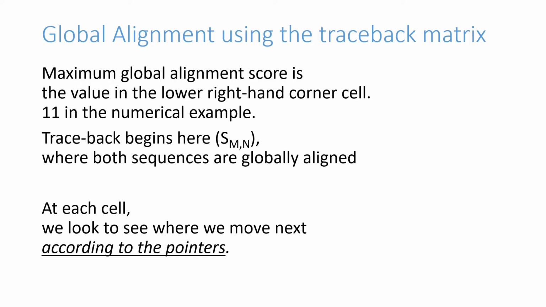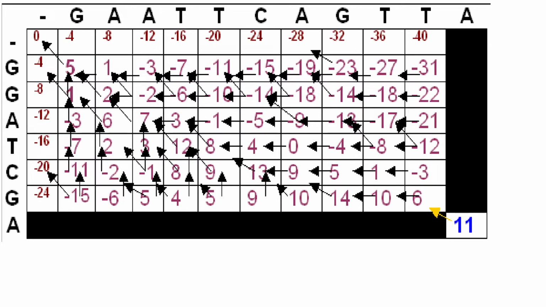In the traceback matrix, we look to see where we move next according to the pointers. So we start from the bottom right cell, in which the score is 11, the highest, and it points to the diagonal where the score is 6.